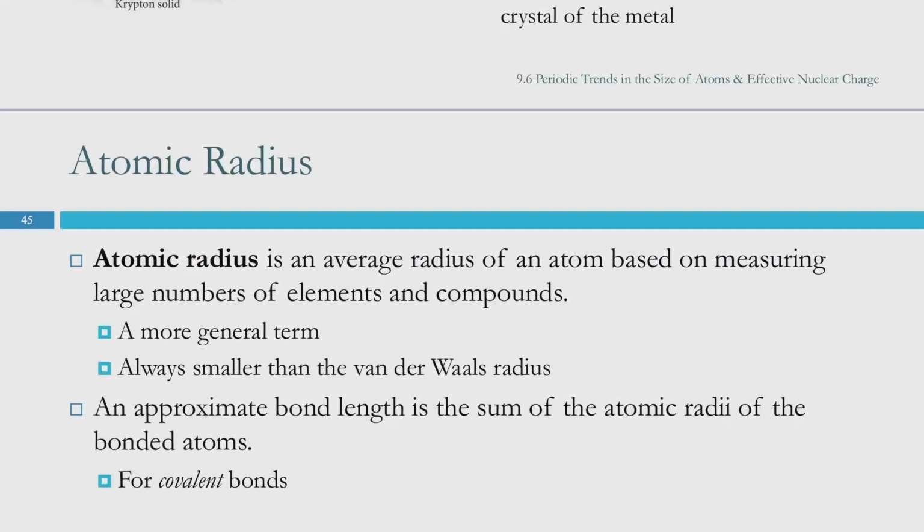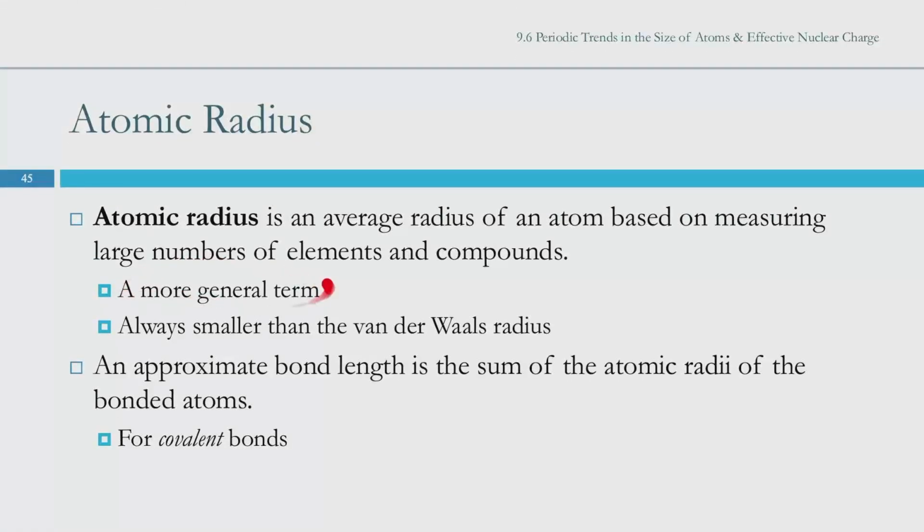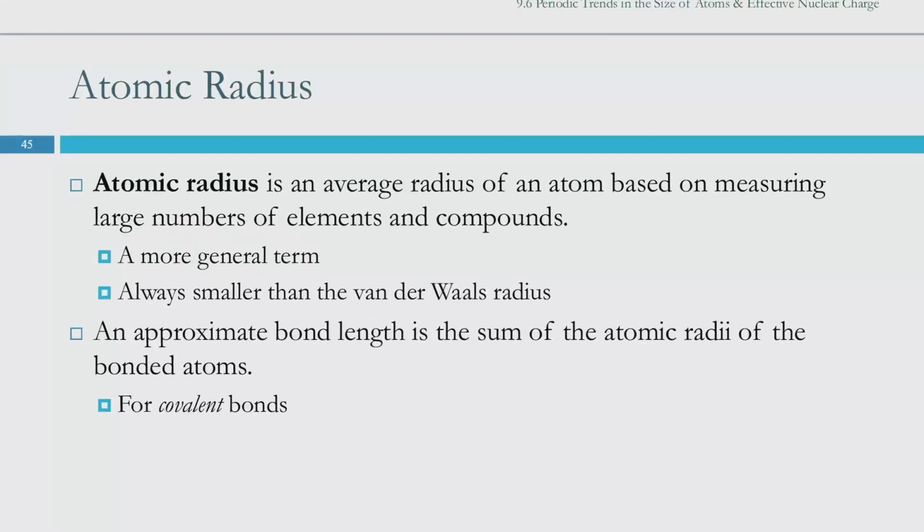And so we use instead the atomic radius, which is just saying, in all of the places that we've seen it, on average, what do we expect, or what size is it? So this is more general, and this is always going to be smaller than the van der Waals radius, since it includes bonding radii. Radii being the plural for radius.